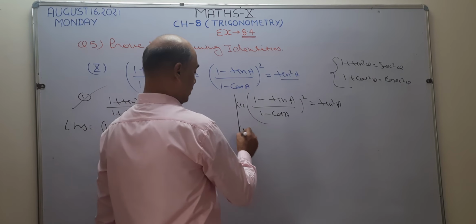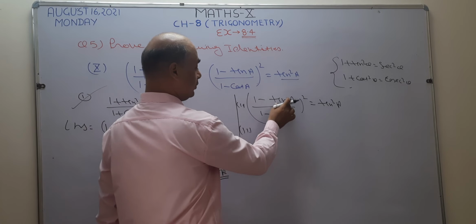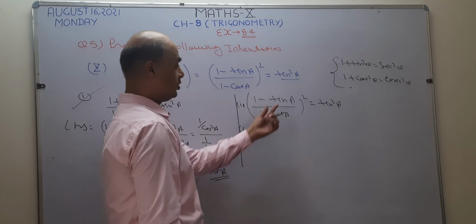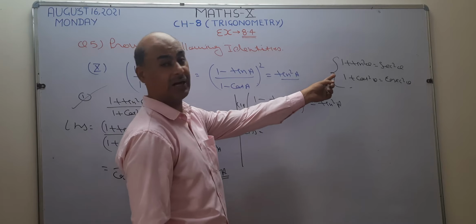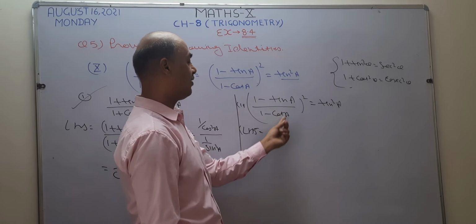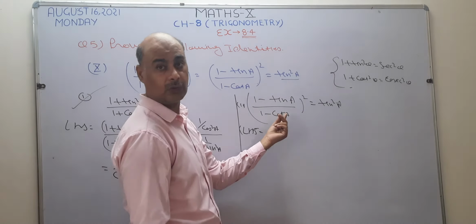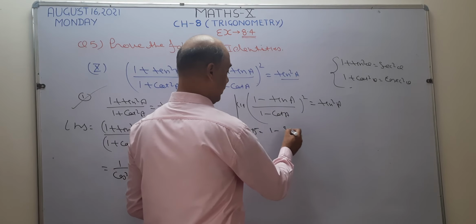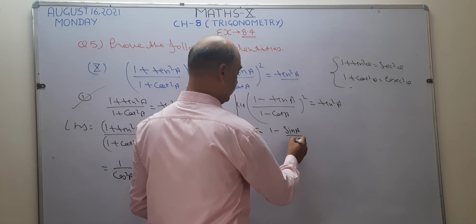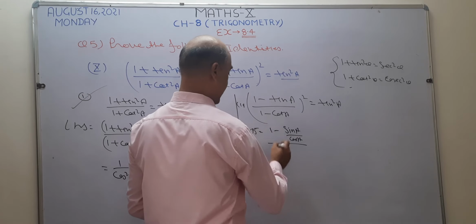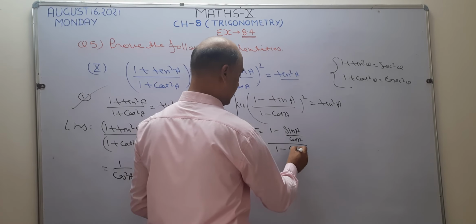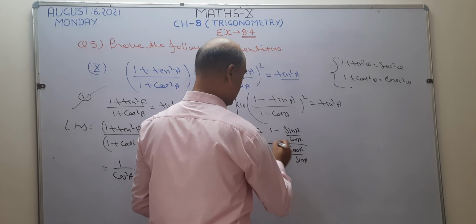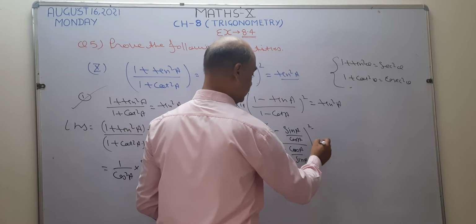Now I want to solve its second part. In the second part, square is not there. Again, I am going to start this question by taking the left hand side. Square is not there, so I do not use this identity. I want to convert every part in terms of sine and cos. So 1 is going to remain the same. Tan can be written as sine A by cos A. After that, cot can be written as cos by sine, and its square is there.